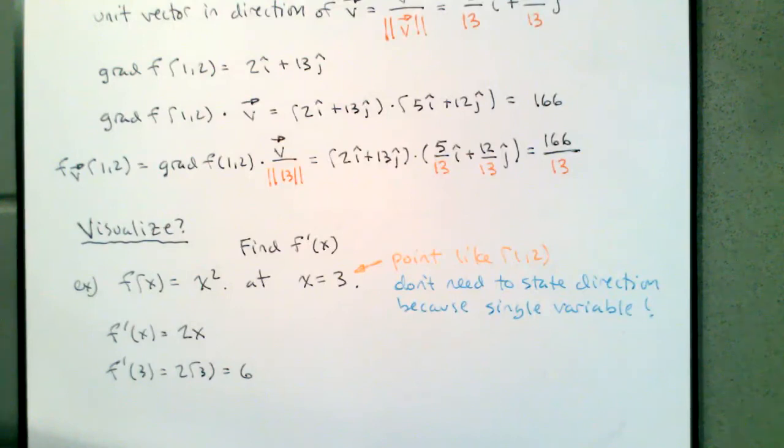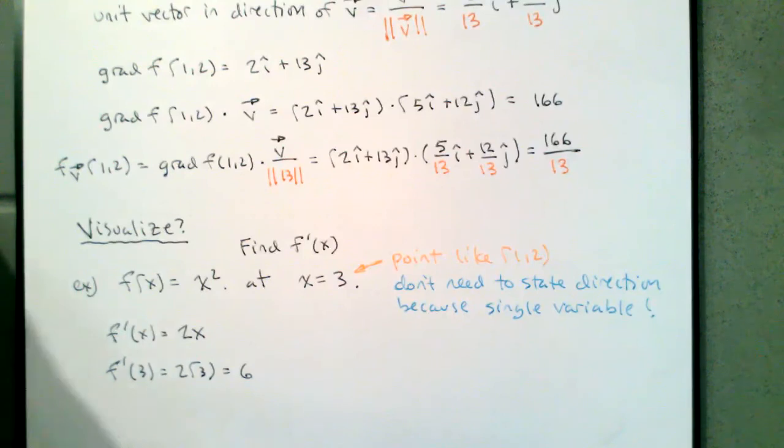So our linear approximation says at the point x equals 3, if x increases by 1, f of x increases by approximately 6. 1 is too big of a jump, because we know that if x goes from 3 to 4, we'll be going from 9 to 16, which is not a 6-point jump. But we can use this for linear approximations.